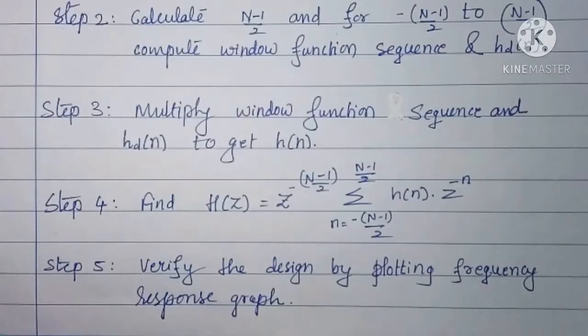If in the last step we have calculated h of n for small n equal to 0 to capital N minus 1, then here we need not multiply the z transform by z raised to minus of n minus 1 by 2, and the limits for summation are to be taken for small n equal to 0 to capital N minus 1.